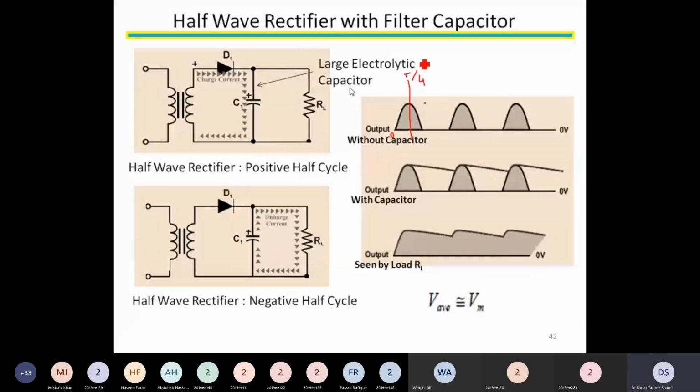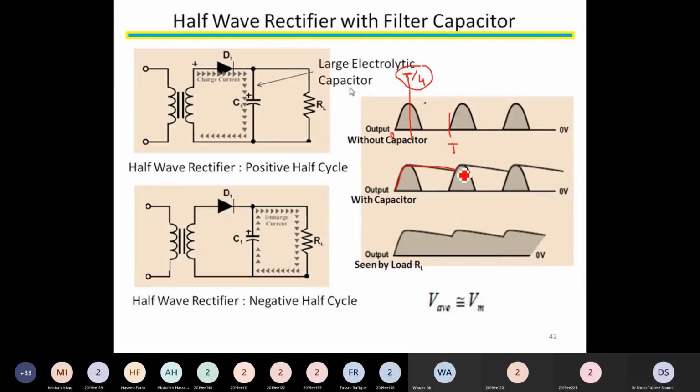From 0 to T by 4, the capacitor will charge like this. Then from T by 4 to time T, the capacitor will discharge.